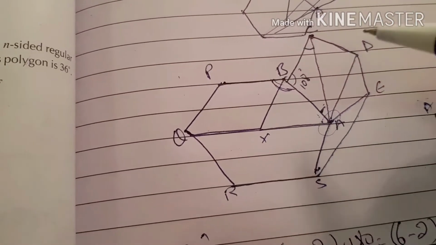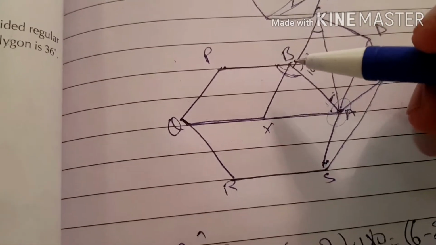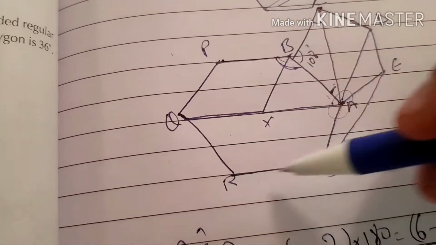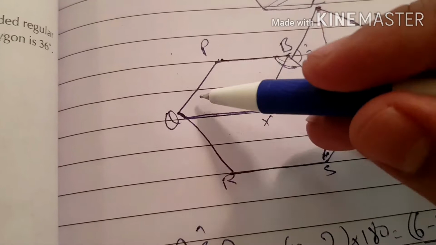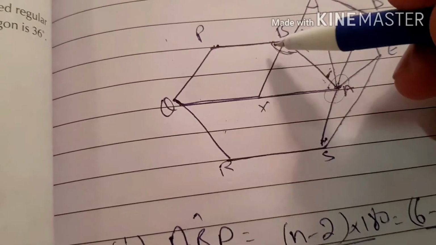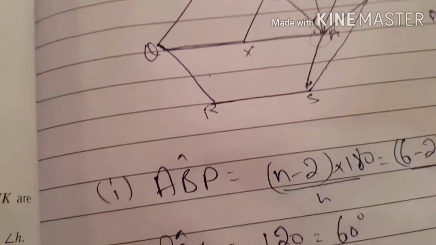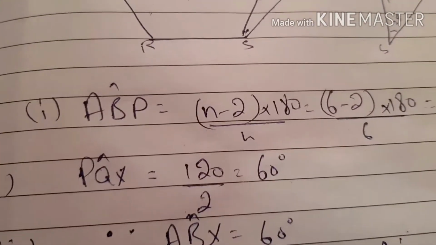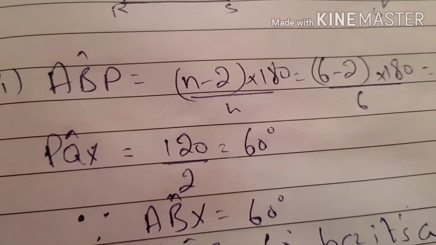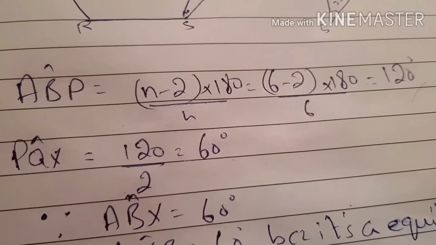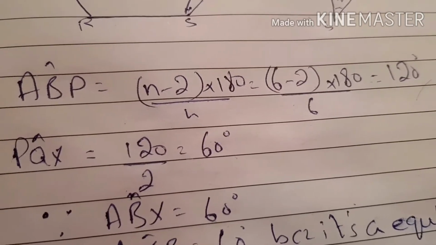So for that, if we find out the size of each interior angle of this regular hexagon, definitely we will know the value of this B also. So we use the formula n minus 2 into 180 upon n. Since it was a hexagon, the number of sides was 6. 6 minus 2 into 180 upon 6, we got 120.